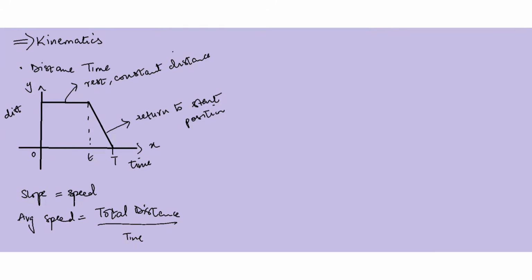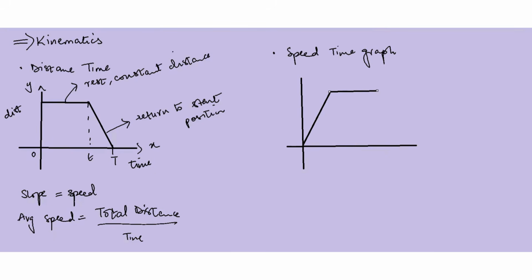Now moving on to the speed time graph. For a speed time graph, again, let's draw our sketch. Let's say this is a speed time graph. Obviously the y-axis is going to be speed and the x-axis is going to be time.